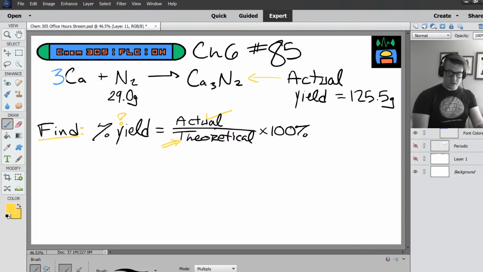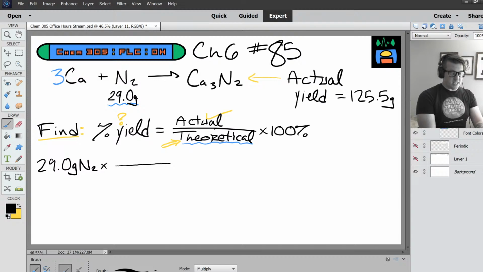They don't give us the theoretical yield, but they do give us the mass of nitrogen that we start with. So we can use our mass of nitrogen gas to determine our theoretical yield. Then we plug it into this equation, and we're off to the races. So we start by taking our mass of nitrogen, N2, and dividing by the molecular weight of N2, so that we can convert from grams of nitrogen to moles of nitrogen.